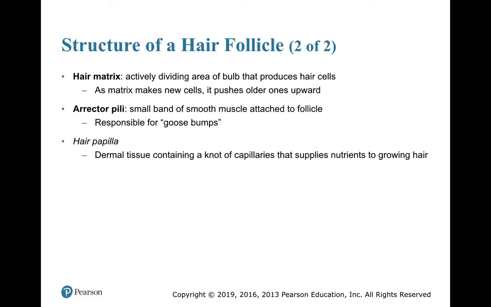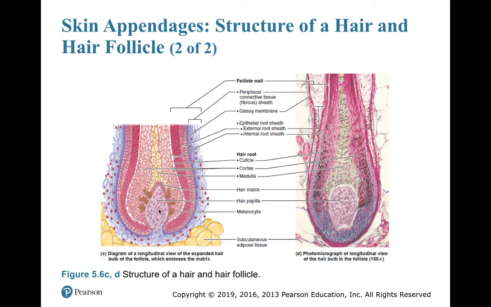There is a smooth muscle called arrector pili, which is attached to the follicle, and when that muscle contracts, we get goosebumps. Hair papillae are dermal tissues that have a knot of capillaries supplying nutrients to that growing hair. So here is our hair papillae filled with capillaries supplying nutrients.